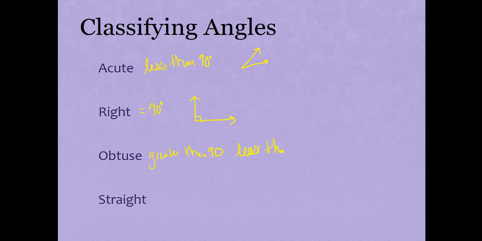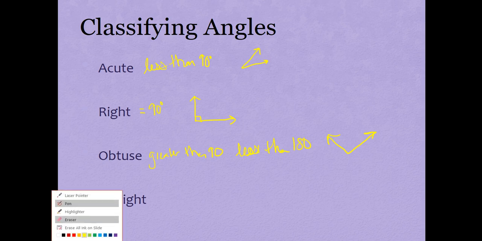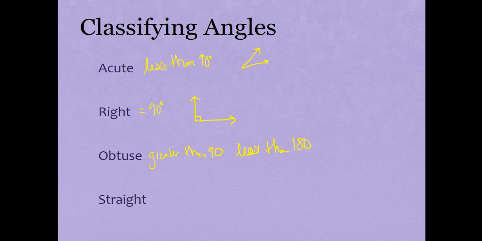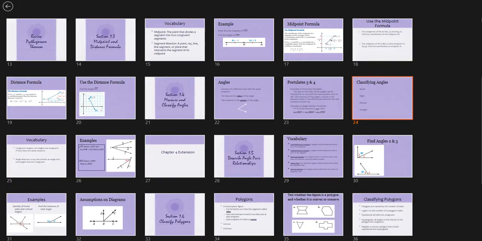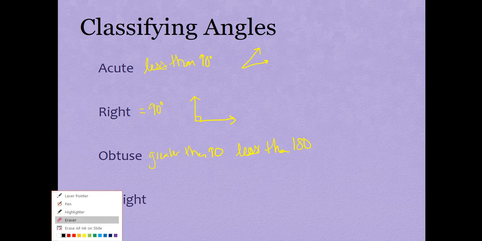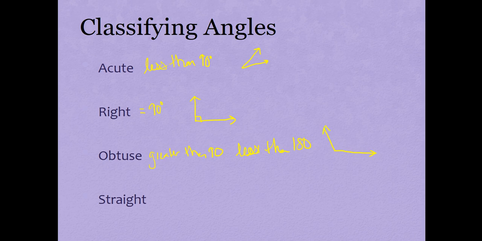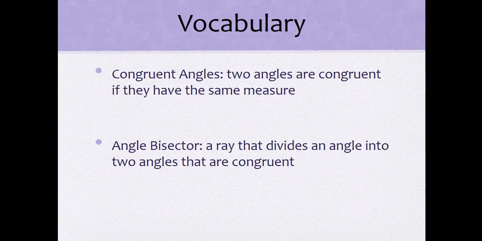Oops. So a large angle. That one kind of looks right, so I'm going to redraw that for you. So a large angle, there we go. And then a straight angle equals 180 degrees. So really it makes a line, that's why it's straight. It's 180 degrees.